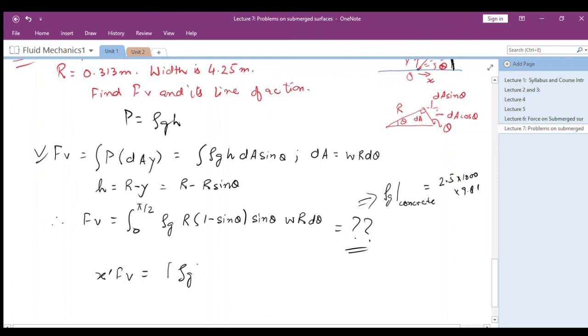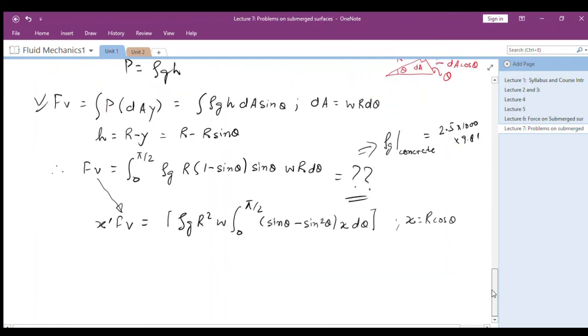This would be equal to rho g r square w, integrated from 0 to pi by 2, and I have kept it here with certain simplifications, where I can say that my x is equal to r cos theta.